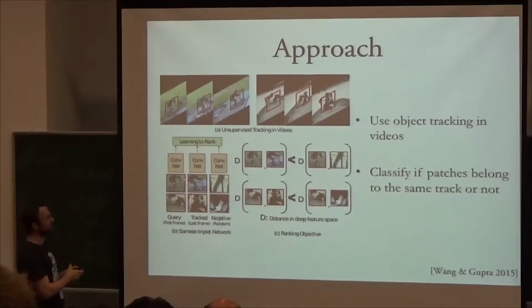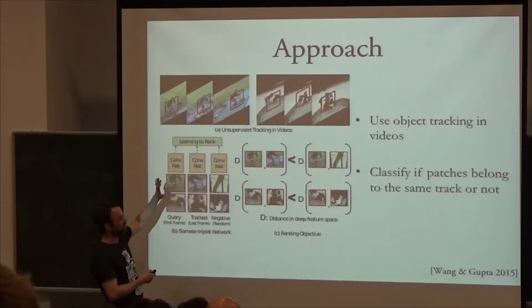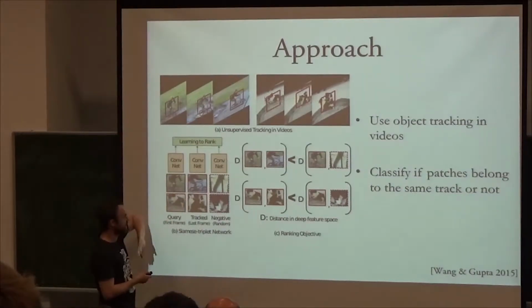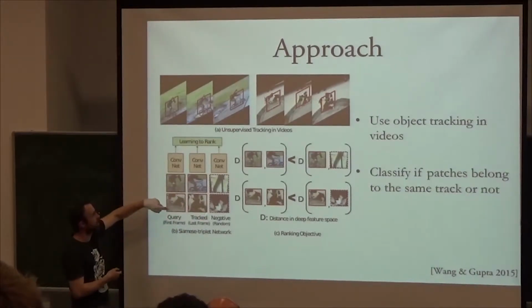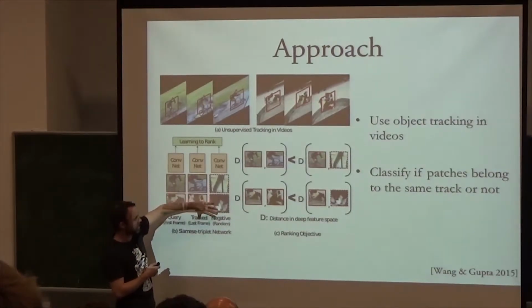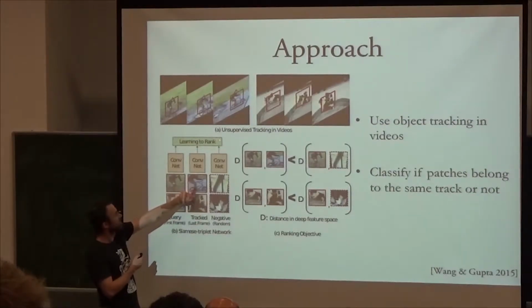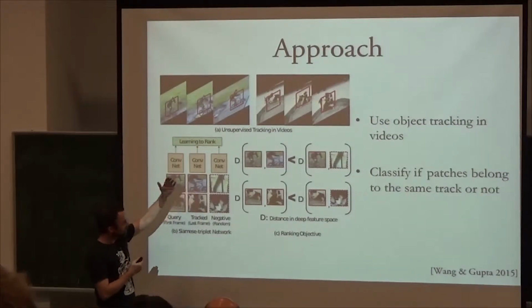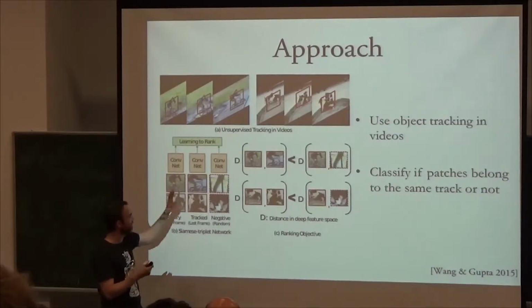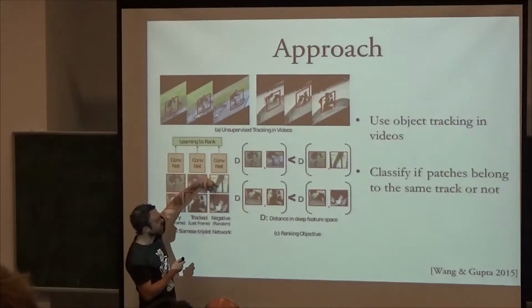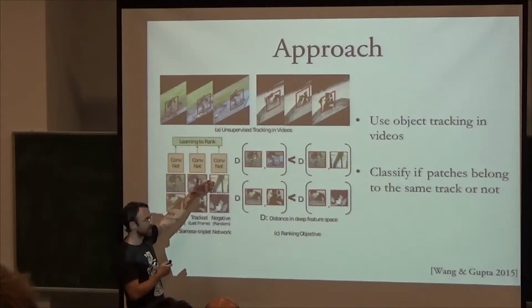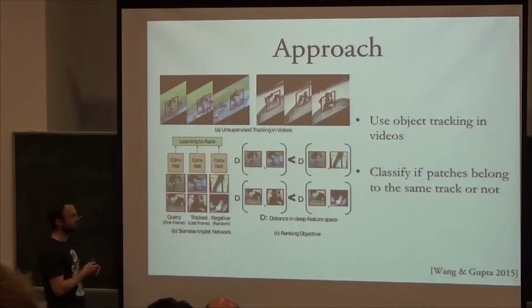They end up using a ranking loss, where they represent triplets. They will have a query patch, which might be the first one in that sequence. And then they would present two other patches. One of them would come from the end of the sequence, and that's the positive example. Then they would have the negative example, which would just be a patch drawn at random from another video or something like that.